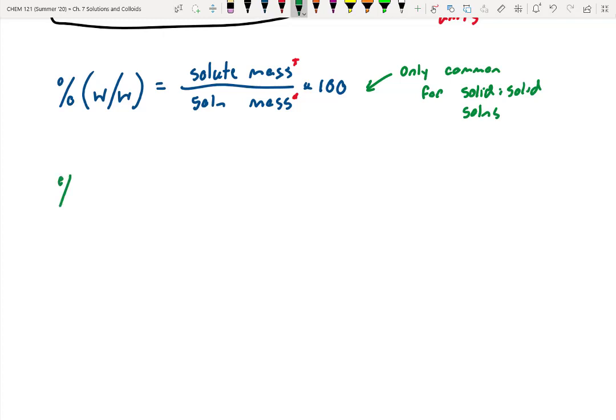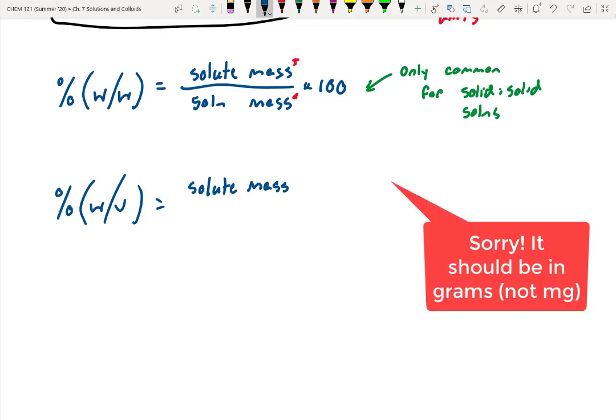The next one we're going to look at is weight to volume. So it's W/V. This one's a lot more common in chemistry. So this time we still do solute mass. And it's always going to be in milligrams. And the volume is going to be on the bottom. So this is solution volume. And this is going to be in milliliters times 100.